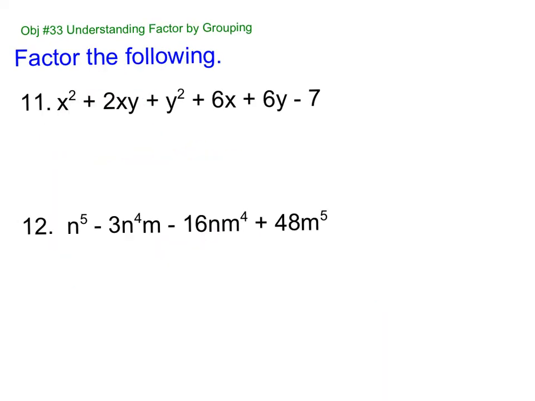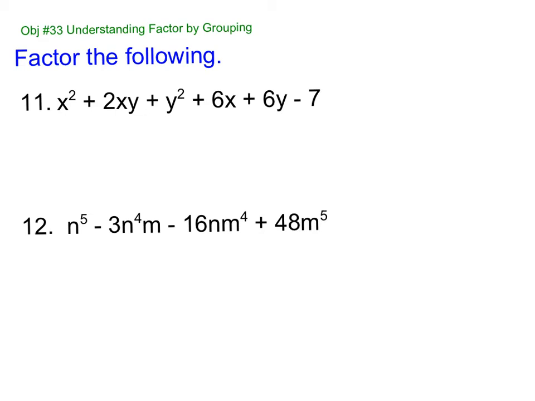Okay. Getting a little weirder. Now notice how many terms we have here. We've got 1, 2, 3, 4, 5, 6, and then the bottom one is still 4. All right, so take a look at this and think about what you can do.